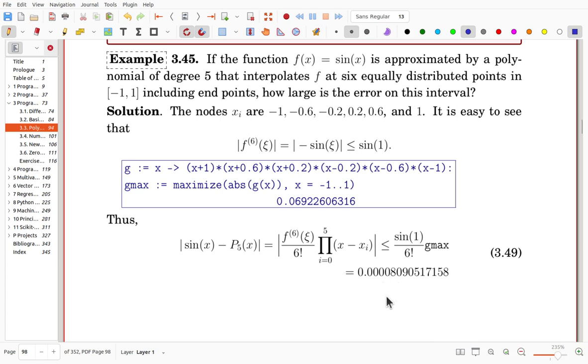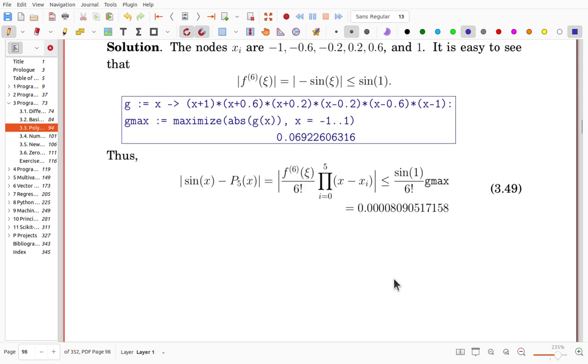So once you make a fifth order polynomial for sine x between minus 1 and 1, then the maximum possible error is this one. This is an upper bound. So it is quite accurate, and the polynomial will approximate the function quite nicely.